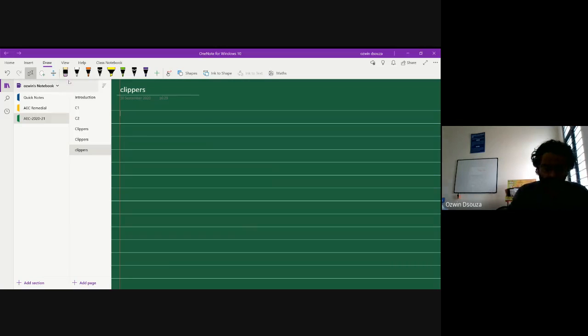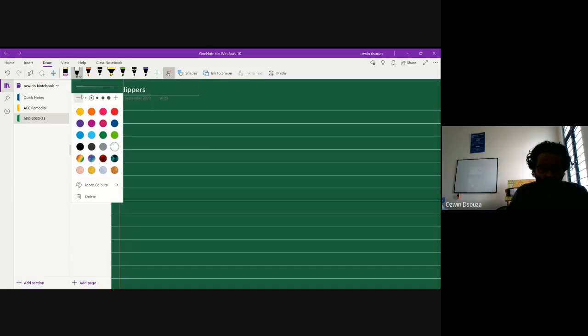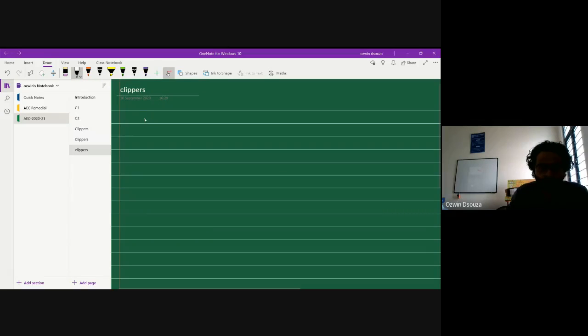All right. So the problem was about a series clipper. So this was the diode orientation, and this was the reference voltage.